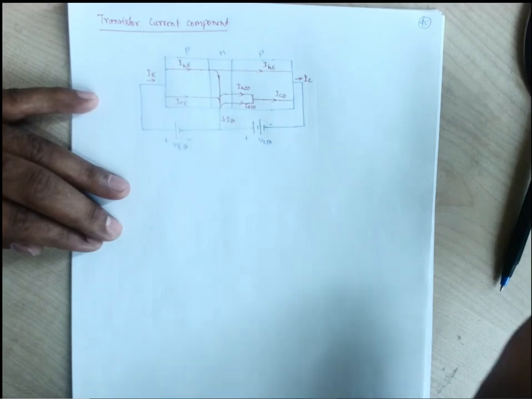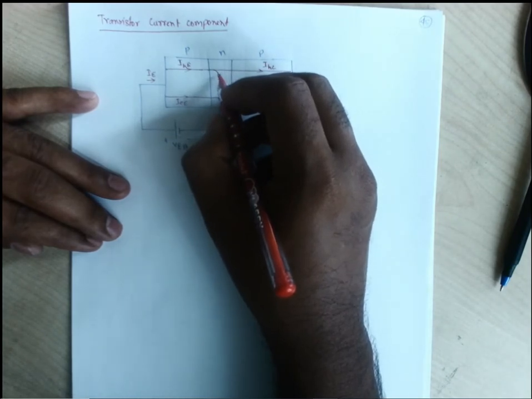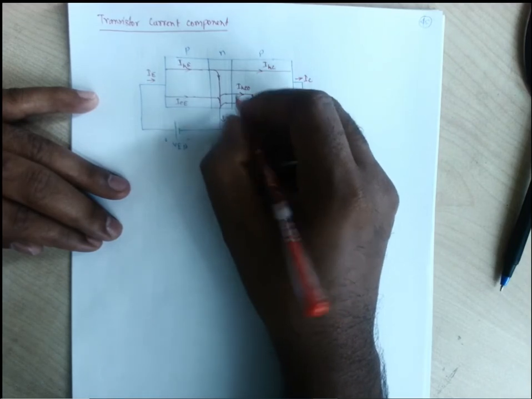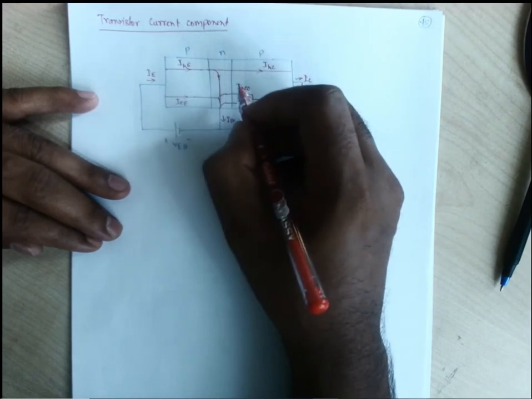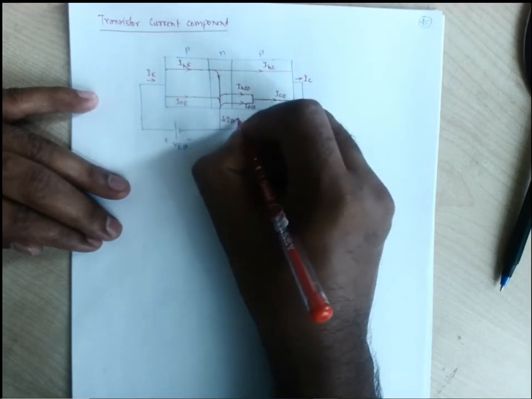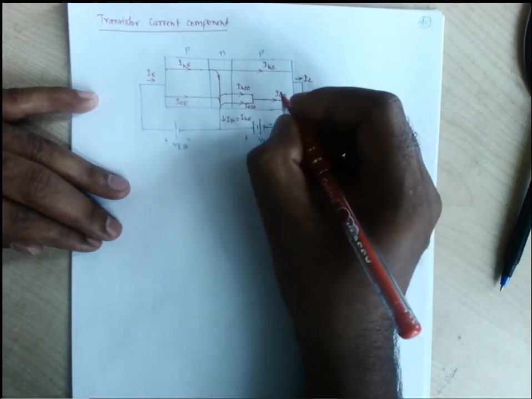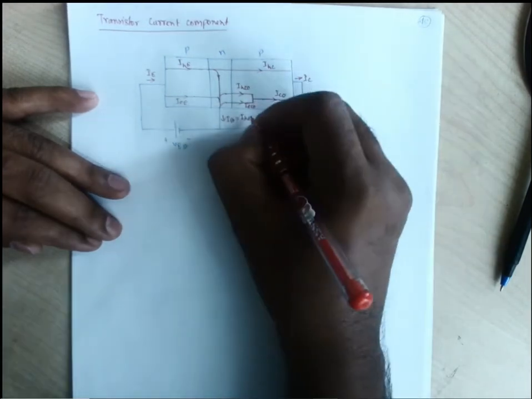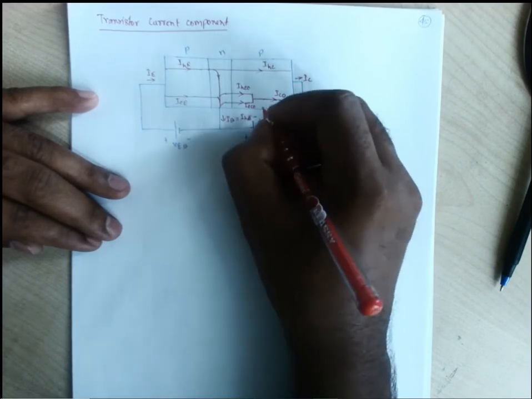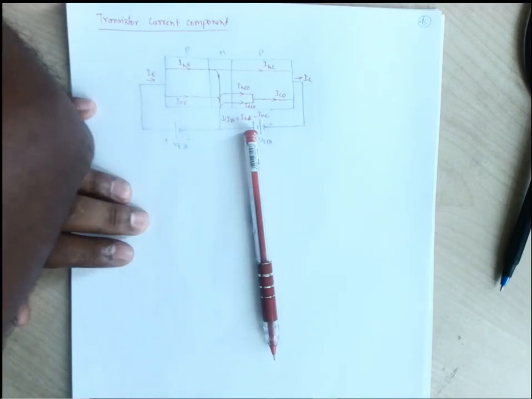Just try to understand. The recombination which takes place in the base region is responsible for the current in the base. Out of 10 holes, if two of the holes get recombined, that is the current in the base region, IHE minus IHC.